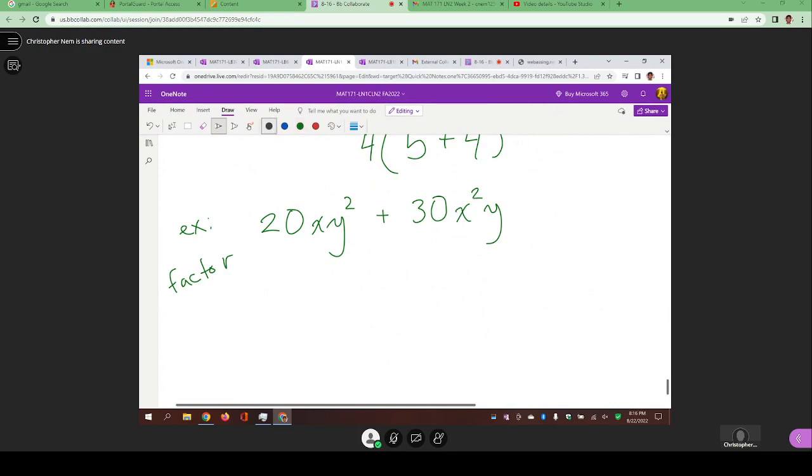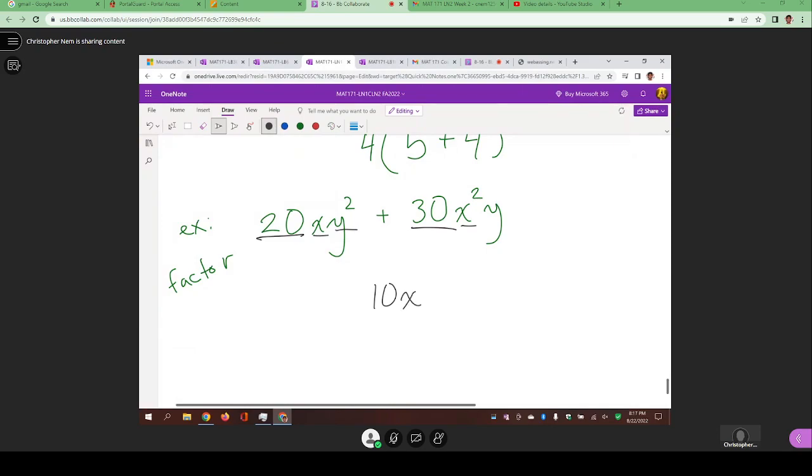So we factor by GCF. Well, 20 and 30, if you practice this enough, your GCF between 20 and 30 is going to be 10. Now, there's a single x here. There's 2x here. At most, I can only divide by x to both. At most. So x goes out here.